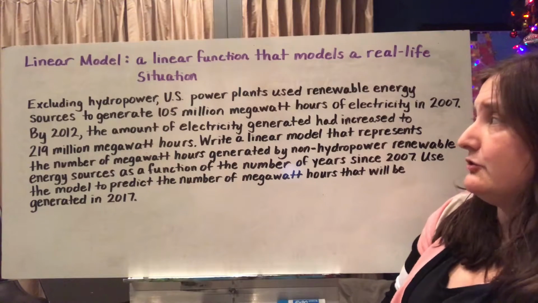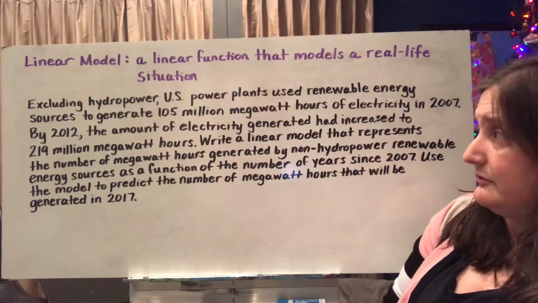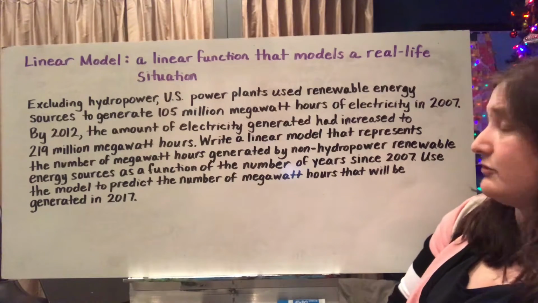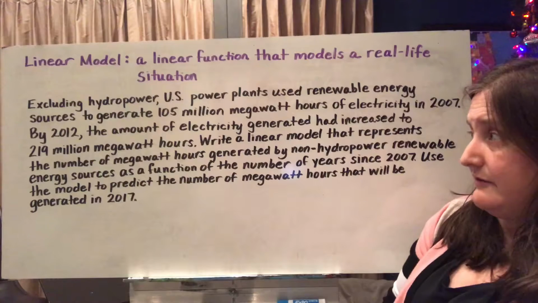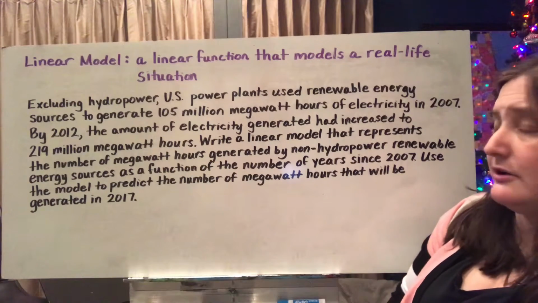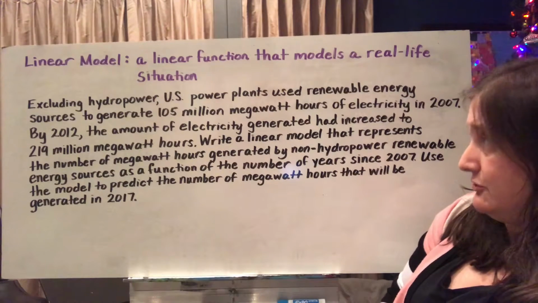So excluding hydropower, the U.S. power plants have used renewable energy resources to generate 105 million megawatt hours of electricity in 2007. But by 2012, they were able to increase that to 219 million megawatt hours of energy.